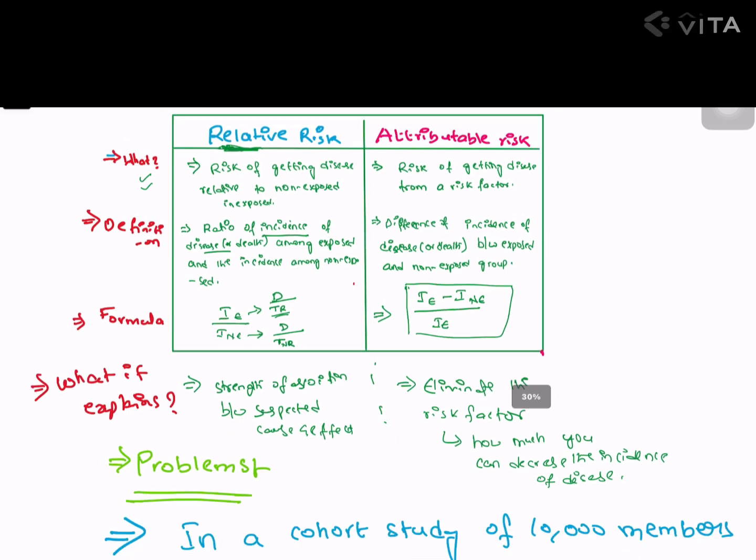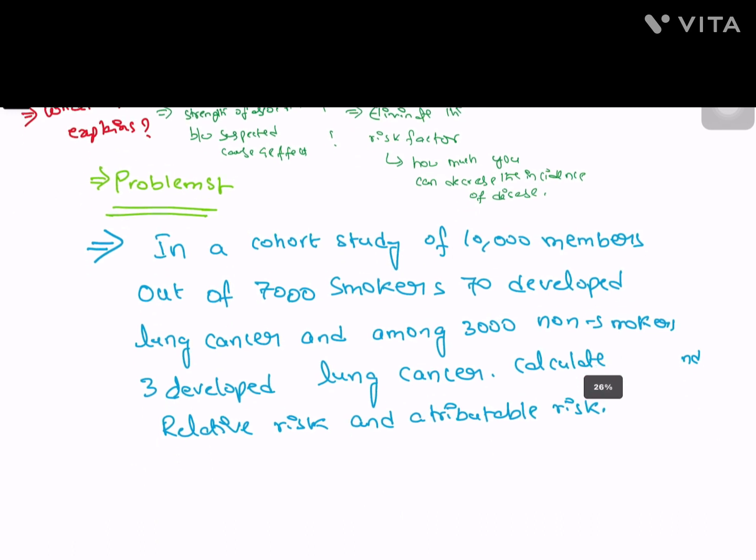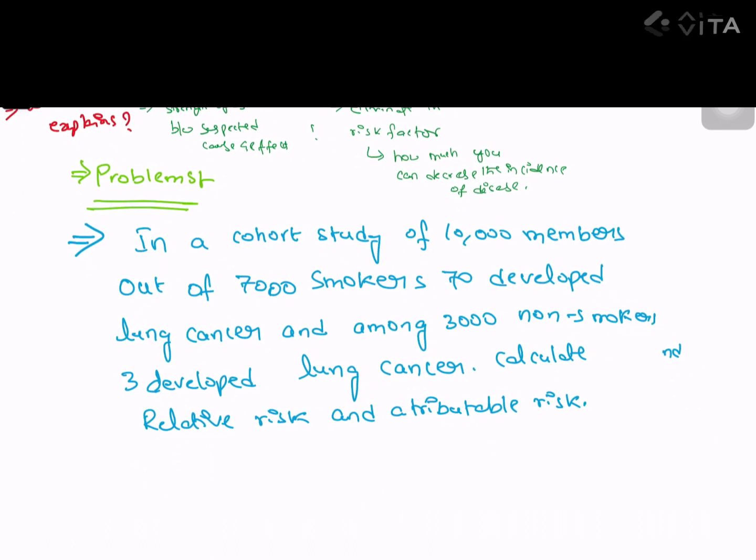Okay, so we will solve one problem. It is a direct problem from the Park textbook, 26th edition. We will see what the problem is. In a cohort study of 10,000 members, 7,000 are smokers.